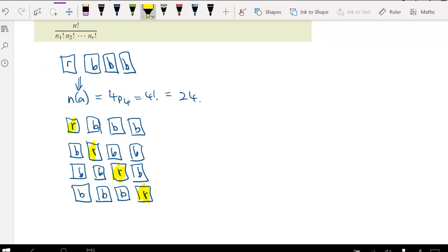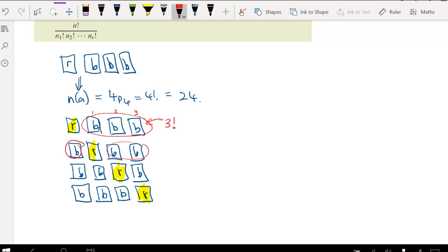So although we've calculated that there are 24 different possibilities, because these blues are identical, for every position there will be 3 factorial different arrangements that will have to be disregarded. So if this is blue 1, blue 2, blue 3, this 4P4 or 4 factorial takes into account the arrangements of these blues.